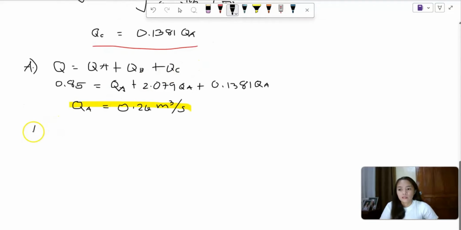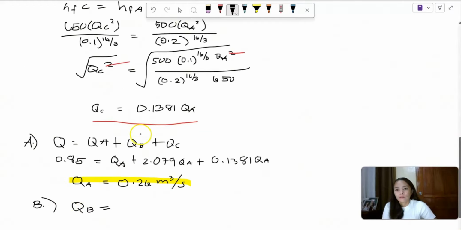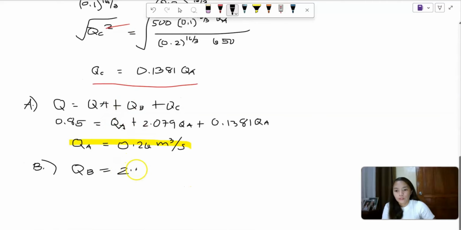Next is to get the rate of flow in pipeline B. So Q sub B is equal to 2.079 Q sub A. Since we already have a value of Q sub A, let's just substitute. 2.079 times 0.26.